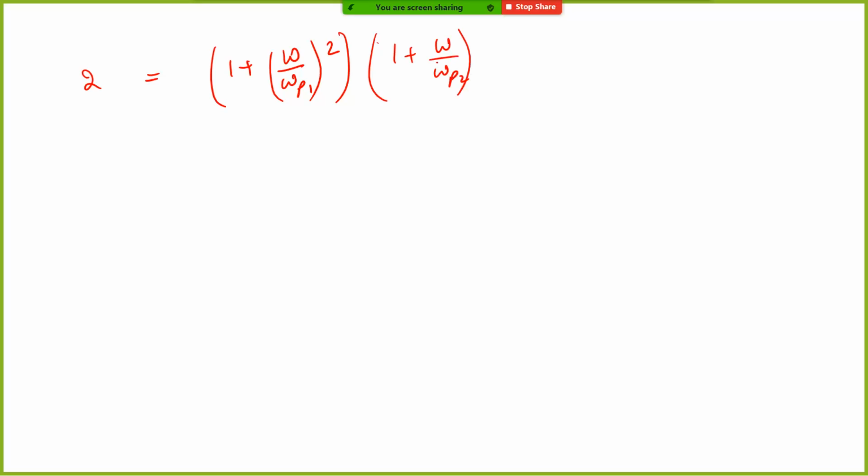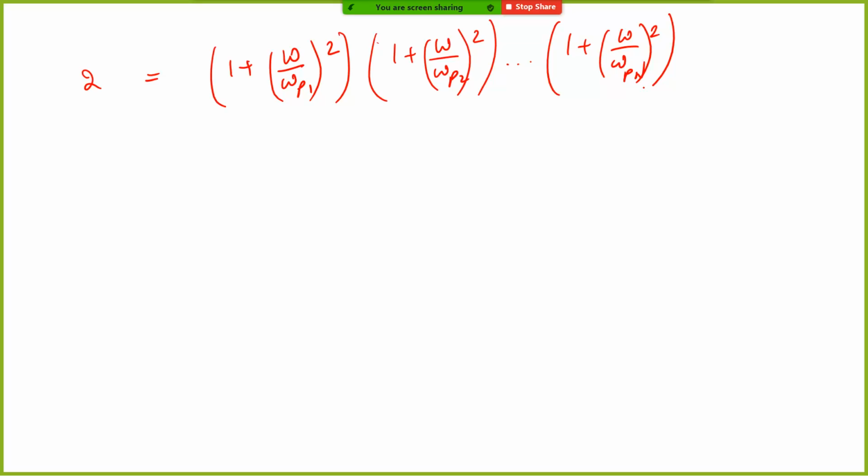It basically becomes root 2 is equal to root of (1 plus omega by omega p1 the whole square) into (1 plus omega by omega p2 the whole square) into (1 plus omega by omega pn the whole square).